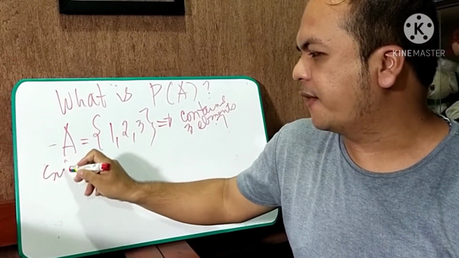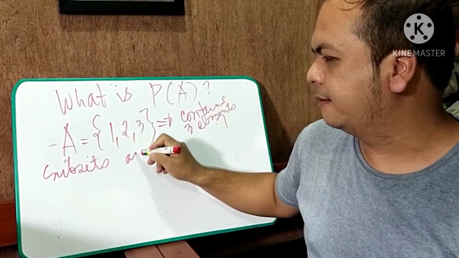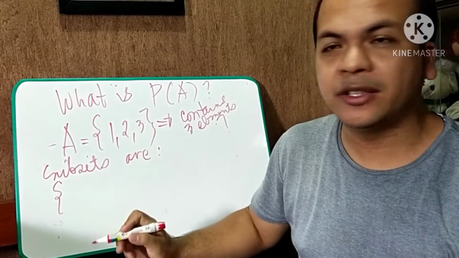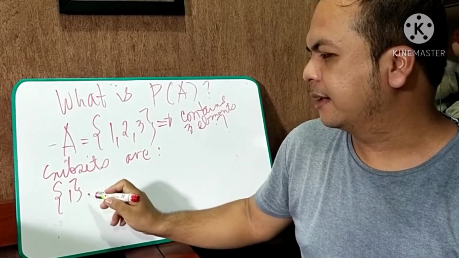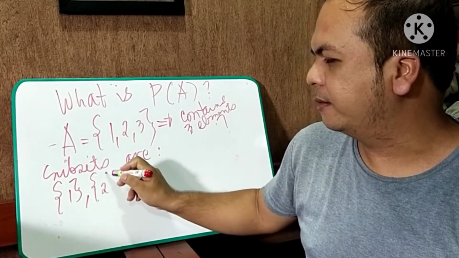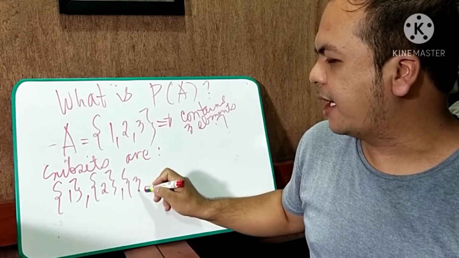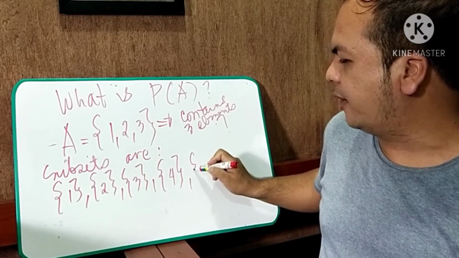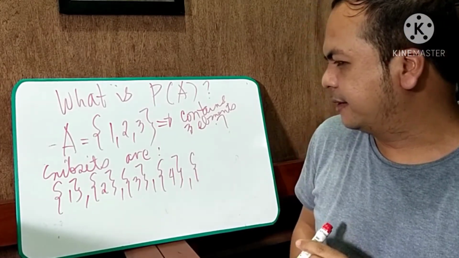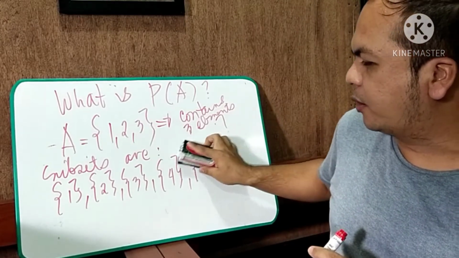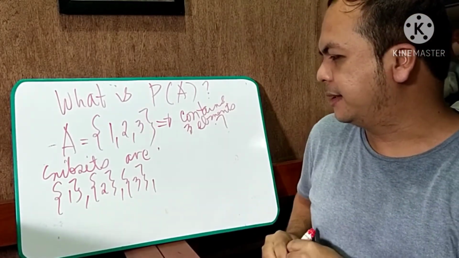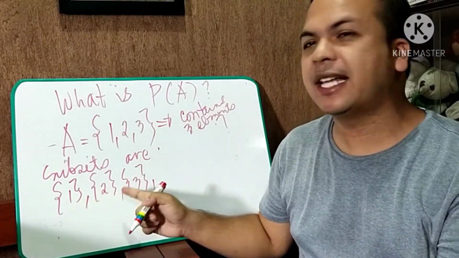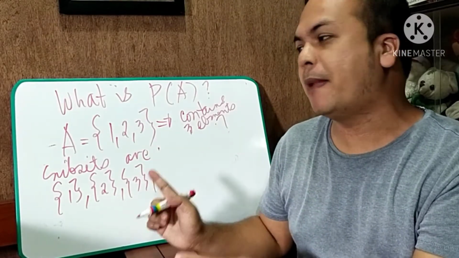So the subsets of A are, here we have the set containing 1, the set containing 2, the set containing 3, then we go to the 2-element subsets, the subsets that have two elements.